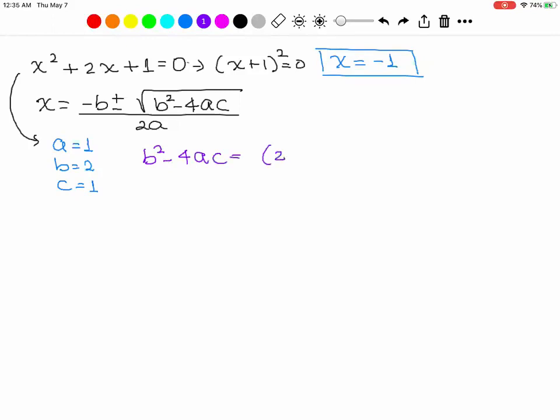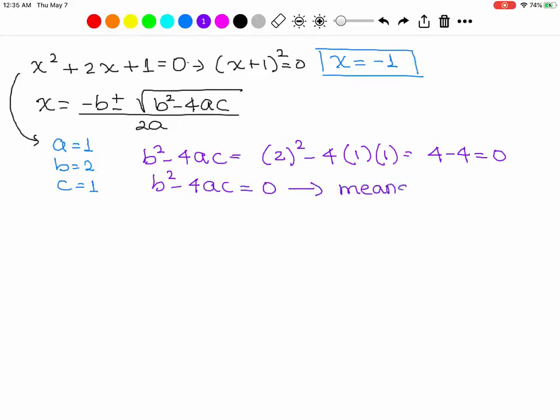What is B square? It is 2 square minus 4 times AC. This is 4 minus 4 equal to 0. So B square minus 4AC equal to 0. This means one real solution, which we already knew, right? Because that's how we figured out here that x is equal to minus 1.